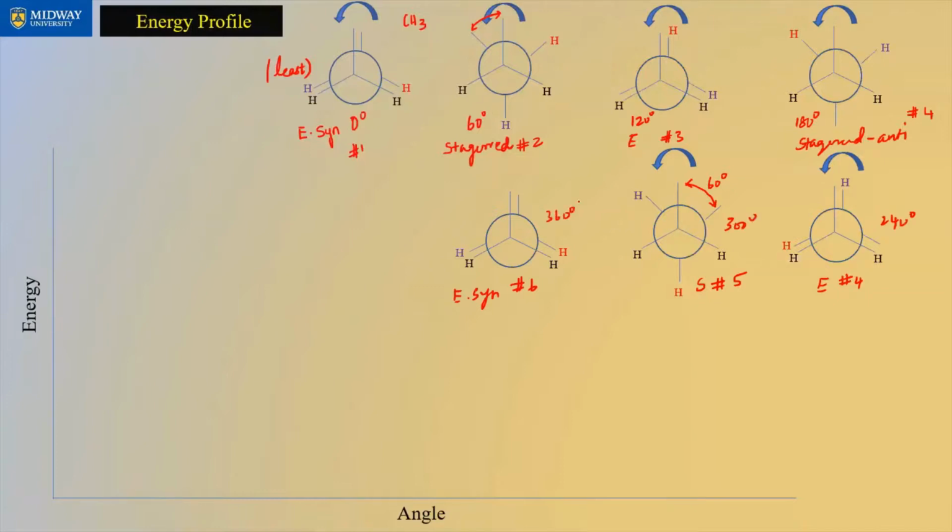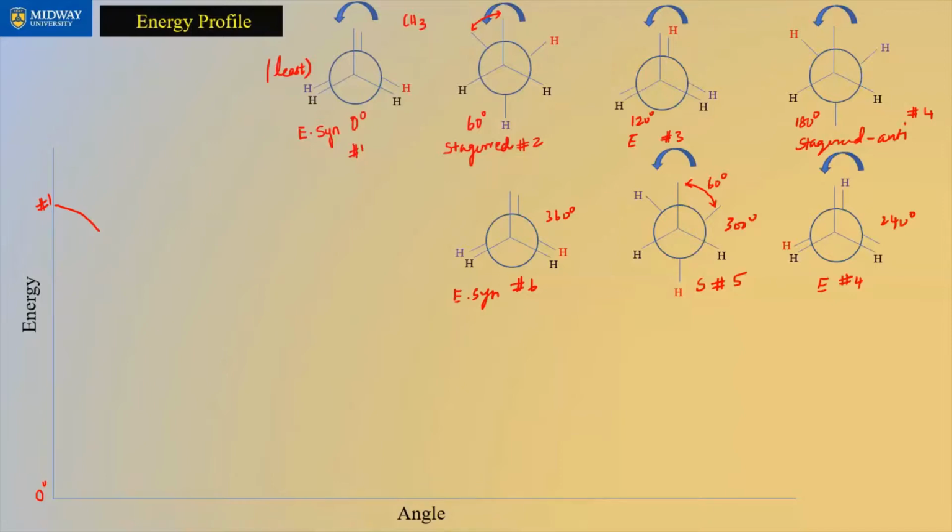So as I said, eclipsed syn is the least stable. That means it has the most energy. So let's say if this is 0 degrees, that means we're starting at the highest energy possible. This corresponds to molecule number 1. And as I said, generally eclipsed is less stable than staggered.